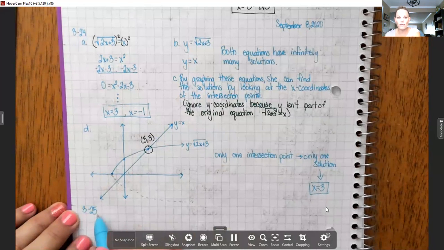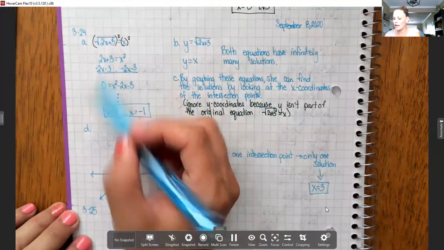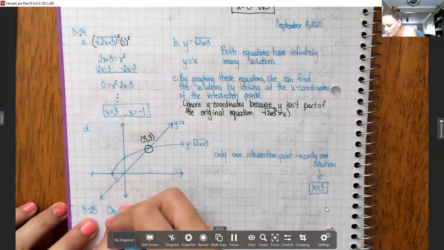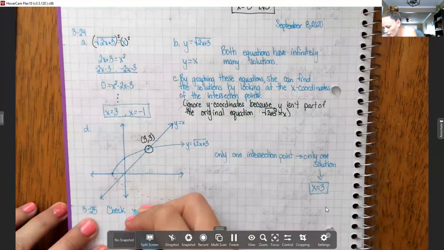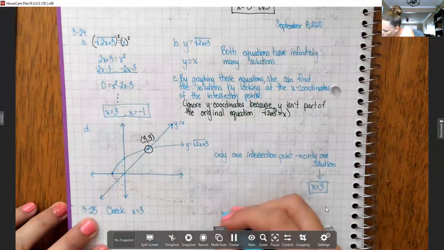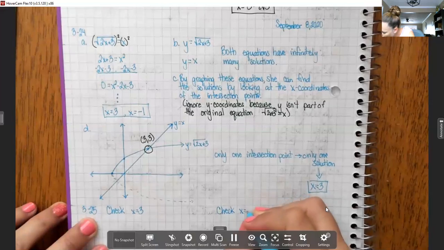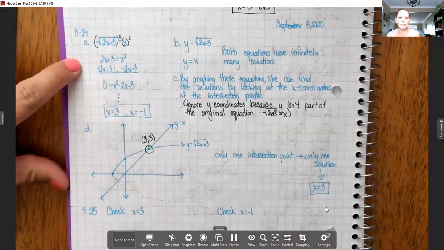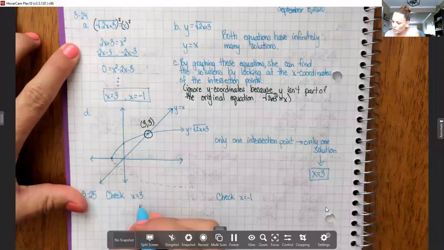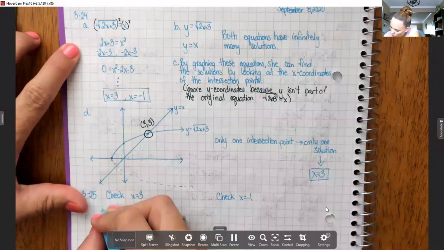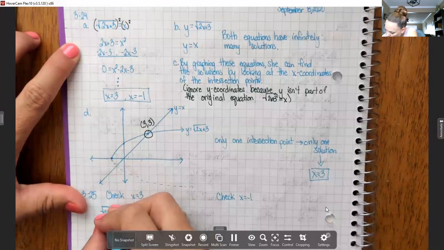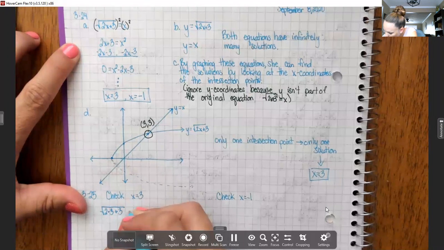So for problem 25, we're going to go back to part A and check our solutions. So again, going back to this equation here. So we have the square root of 2 times 3 plus 3.